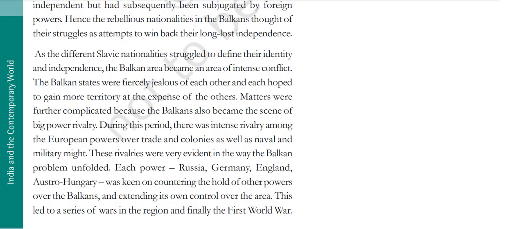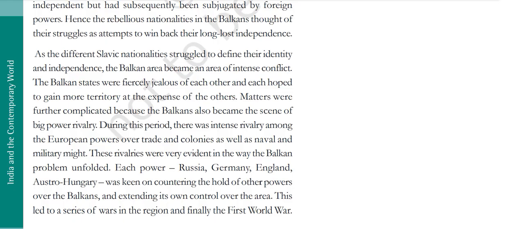The Balkan states were fiercely jealous of each other and each hoped to gain more territory at the expense of the others. Matters were further complicated because the Balkans also became the scene of big power rivalry. During this period, there was intense rivalry among the European powers over trade and colonies, as well as naval and military might.